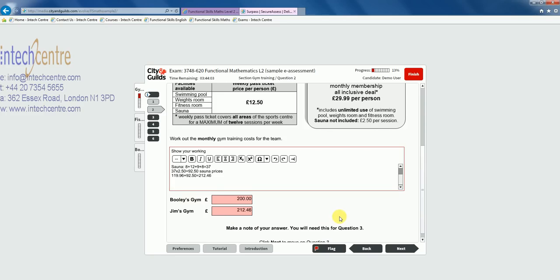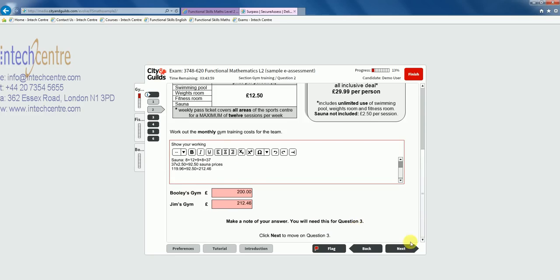This saves you time in going back and forth, just like I did. So if I had written the values, it'll save me time from going back and forth and looking for the information. Please make sure you do put your answers in the relevant boxes. So Bruley's Gym, even though I have it here, you should make a note of the answers in the relevant boxes. So click next to move on to question 3.